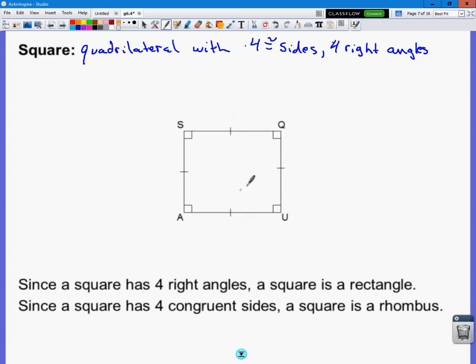Because opposite sides are equal, it has all the properties of a parallelogram. It has all the properties of a rectangle because it has four right angles. It has all the properties of a rhombus because it has four congruent sides. So it really doesn't gain any new properties. It takes the properties from each of these three different shapes.